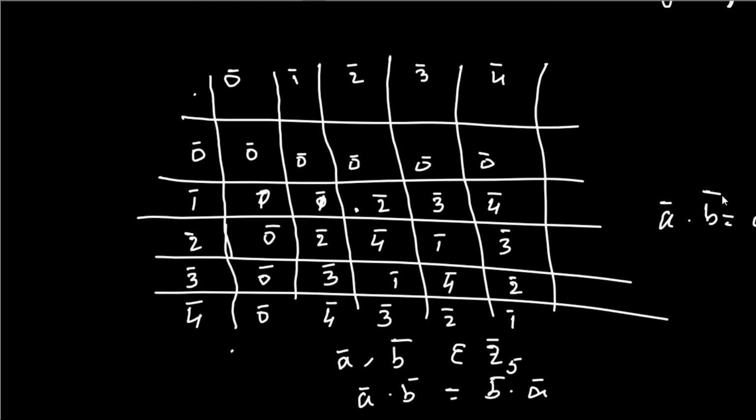So what does it mean by a dot b is equal to 0? This means that a is equal to 0 or b is equal to 0, where a and b belong to Z5. So this means that it has no zero divisors.